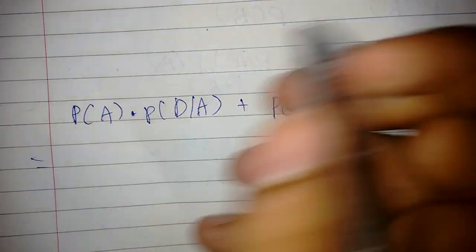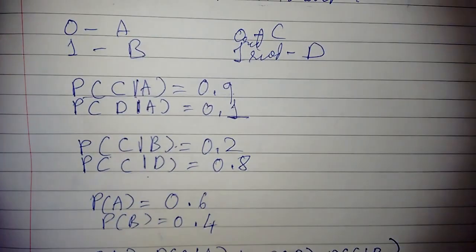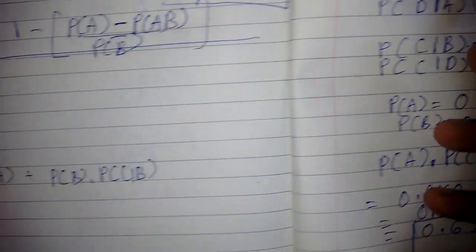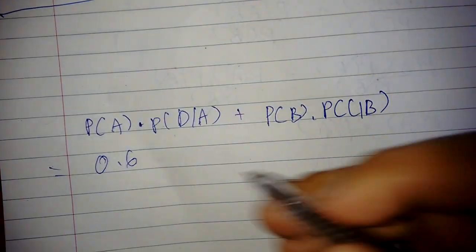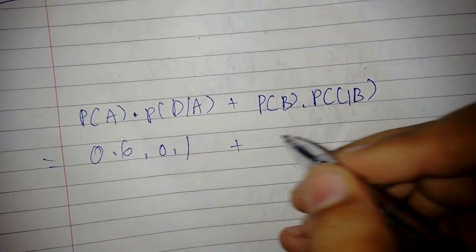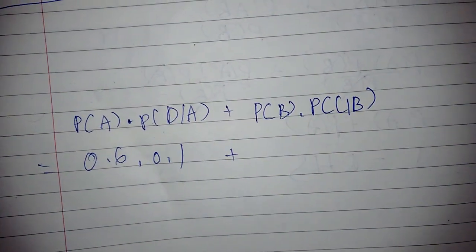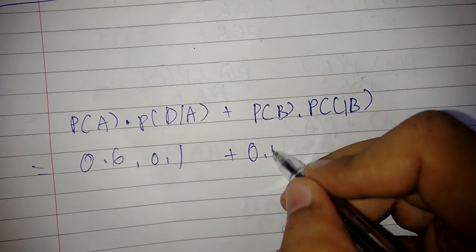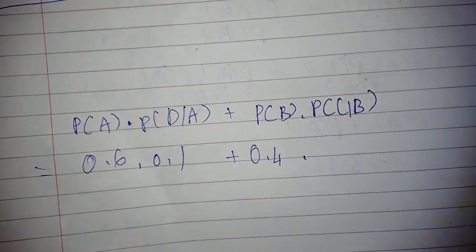Now taking the values already given, probability of A is 0.6, probability of D given A is 0.1, plus probability of B, that is 0.4, and this right here is 0.2.